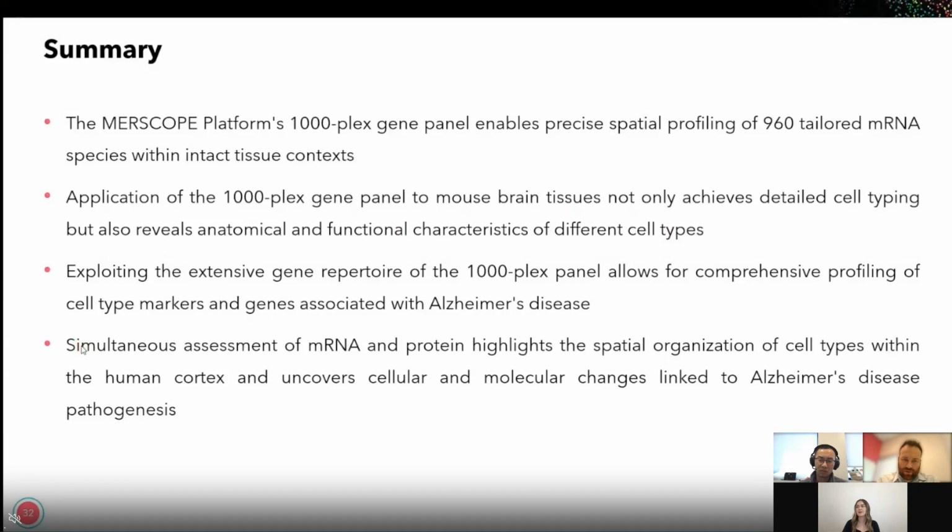Next question here. Could you comment on the difference in acquisition time, for example, for the 1000 versus 300 gene panel, and the difference in cost? Yeah, I can take that one. Between our 300 and 1,000, it's a difference of just a few rounds of hybridization and imaging.